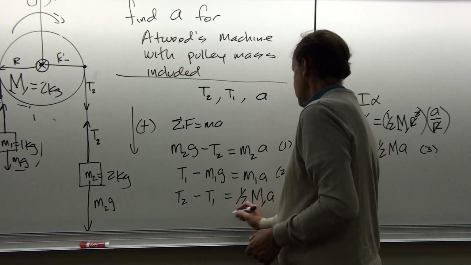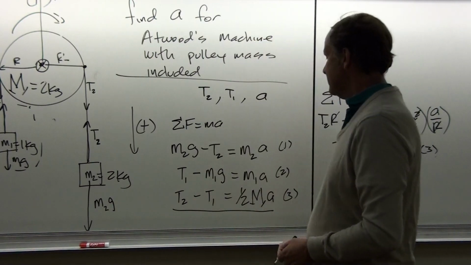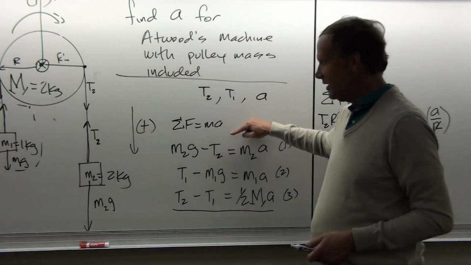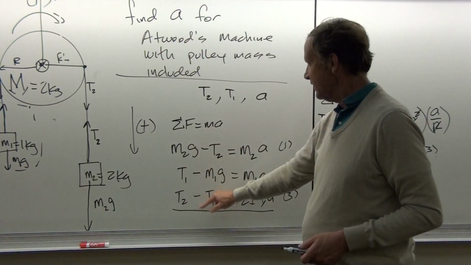That's equation 3. When we add all three of these together, notice here that almost by magic, the T2s cancel, the T1s cancel.